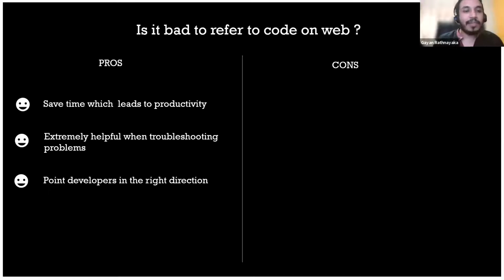And it points developers in the right direction. Assume that you have to write a function, or you have gotten an error and you are researching, right? Without referring to the web, maybe you are going in the wrong direction. Maybe you are running in circles, following a wrong path.